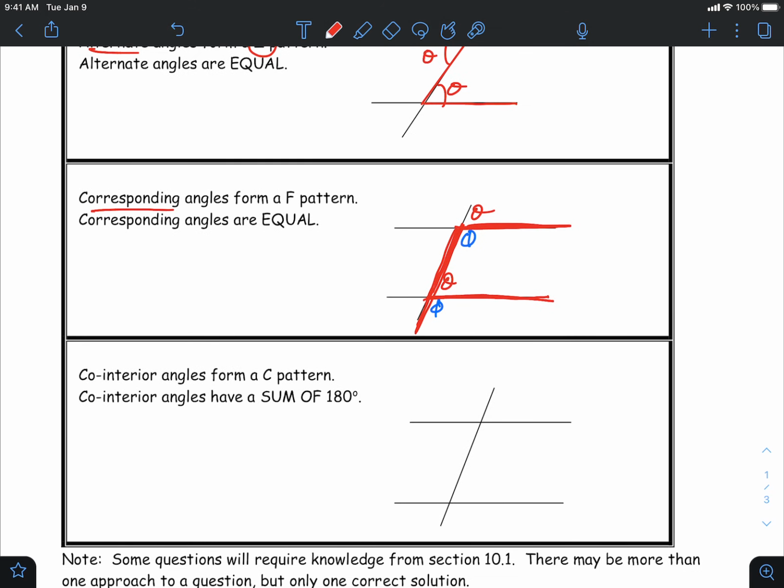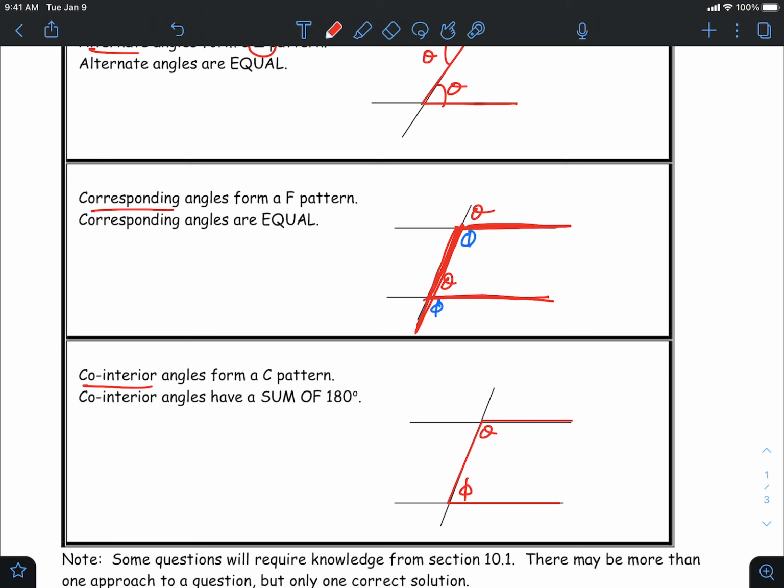The very last one would be co-interior. It forms a C. I'll trace the C first, and then we'll talk about the angles. We'll have an angle here and an angle there. They're different, obviously, because they visually look different.